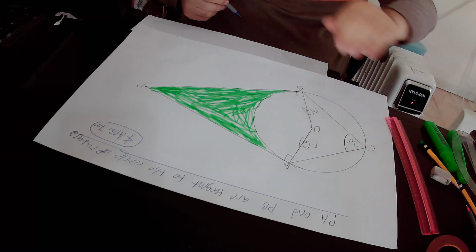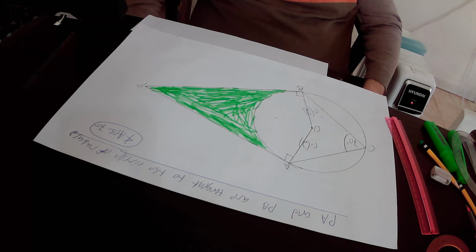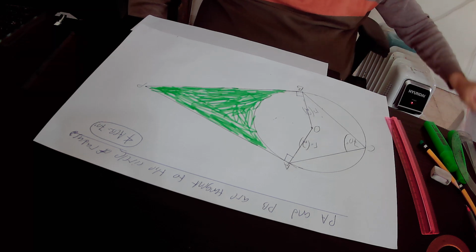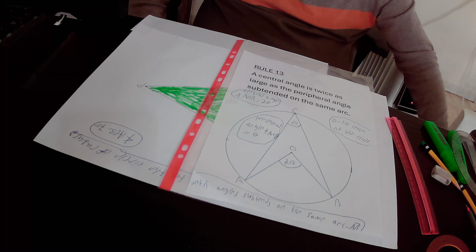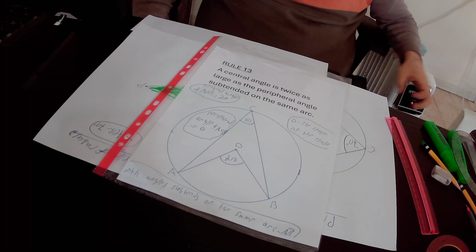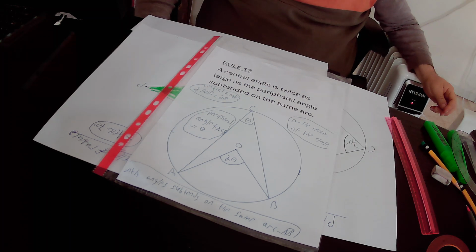In the next step, I will present to you a new rule, and we will implement the new rule in our drawing. The new rule is rule 13. According to rule 13, a central angle is twice as large as the peripheral angle subtended on the same arc.